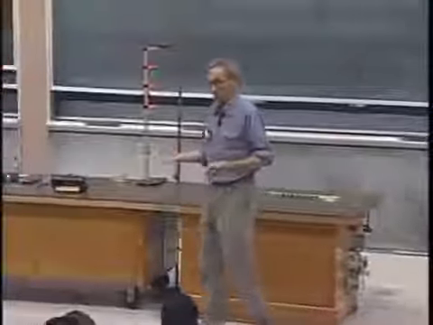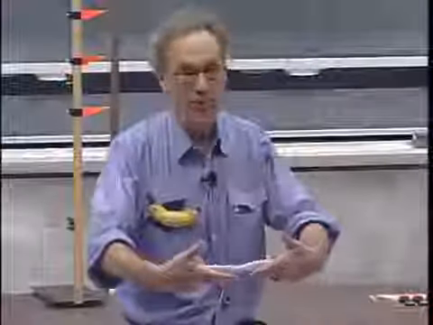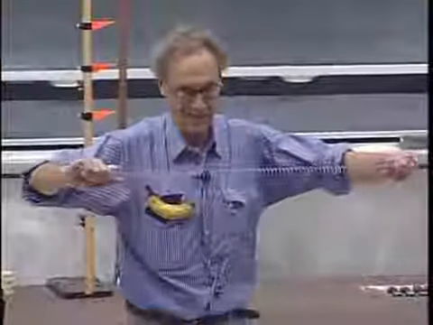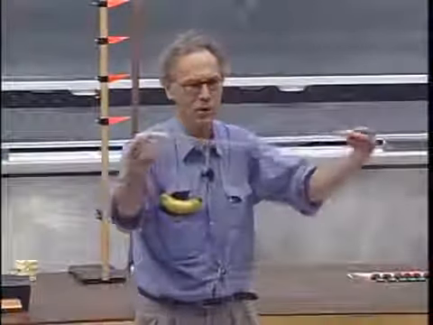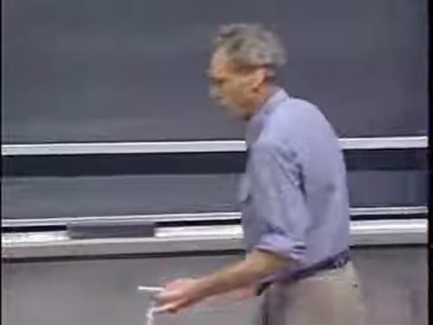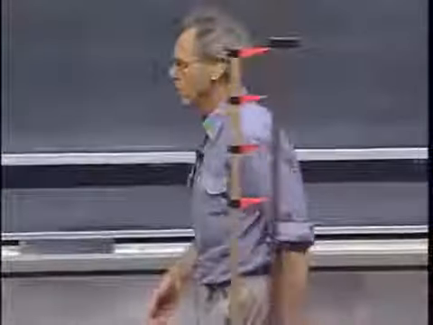I can damage it. I can do permanent deformation. Look, that's easy. For sure, Hooke's law is no longer acting. Look how much longer this spring is than it was before. So there comes a limit to how far you can go before you permanently deform the spring.